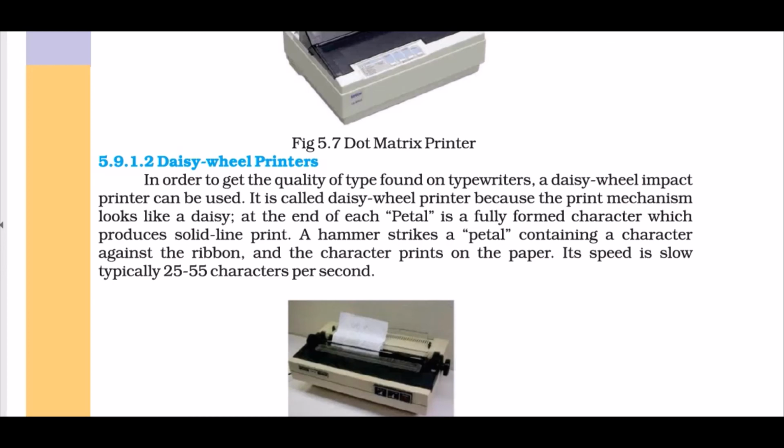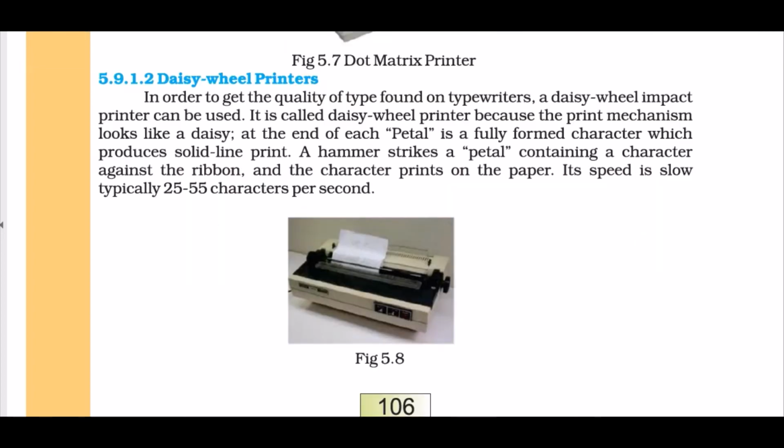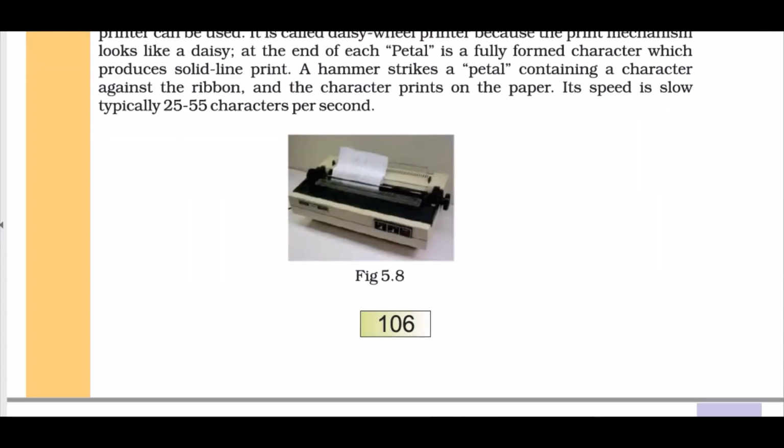A hammer strikes on a petal. The hammer is a point or pin that strikes on the petal or the ribbon containing a character. Unlike dot matrix, which prints dots for a single character, this has its own character. It can print at slow speeds of 25 to 55 characters per second.